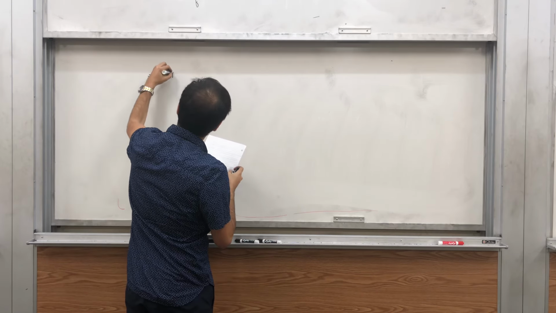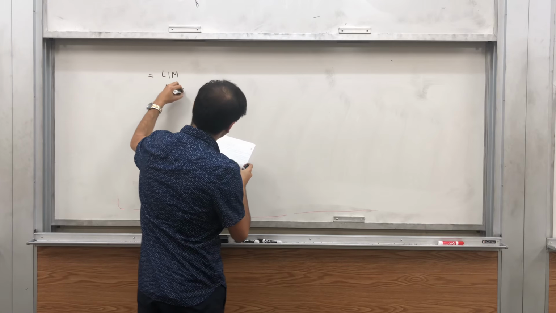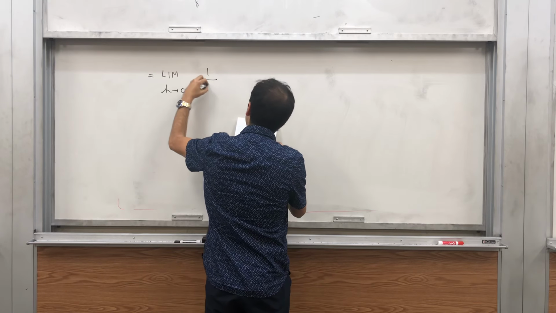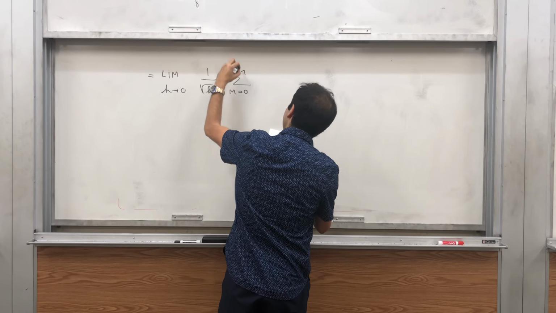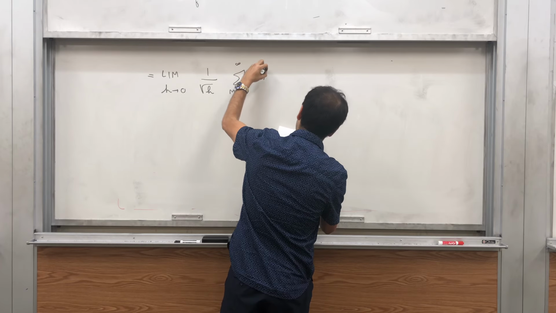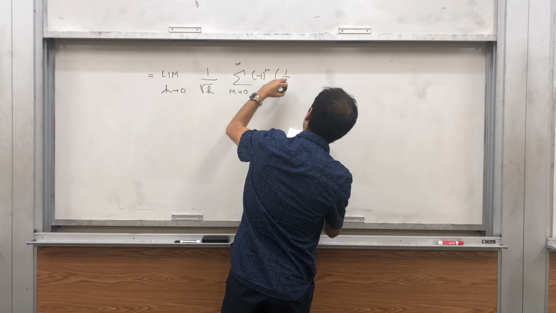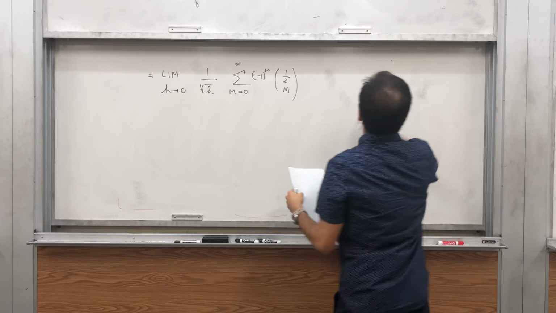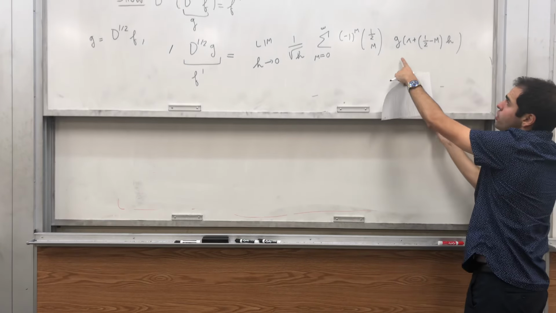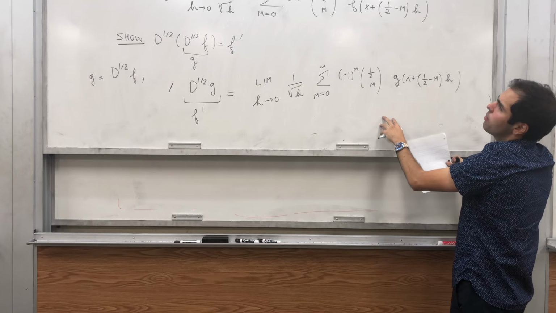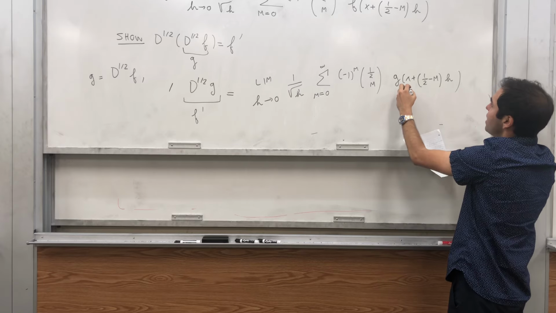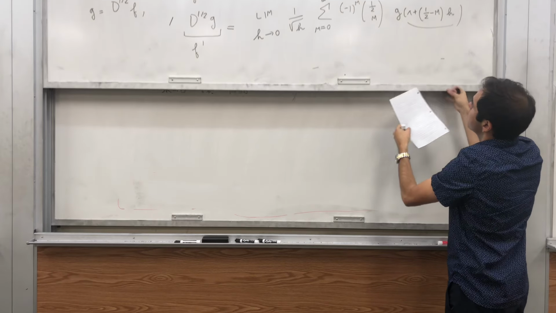Still, the beginning is the same. Limit h goes to 0 of 1 over square root of h, sum from m from 0 to infinity of (-1)^m, (1/2 choose m). And then instead of g, you now replace it with the definition, except, and here's a complicated thing, you replace x by this whole thing.